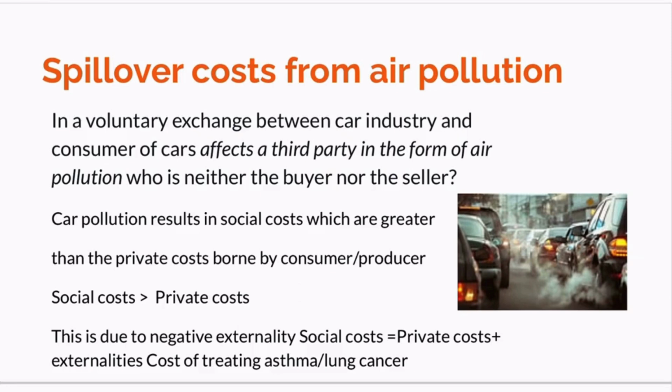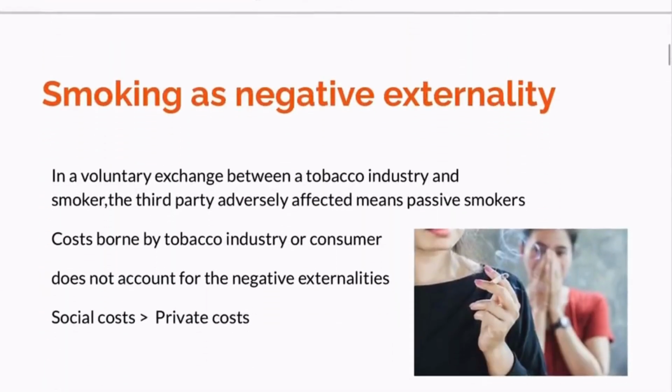So left unattended, the car industry and consumer would be operating only on the private cost. But if the spillover costs of air pollution are included in the private cost, it becomes a cost which is over and above the private cost, and it is the social cost. So in case of negative externality, the social cost has to be higher than the private cost.